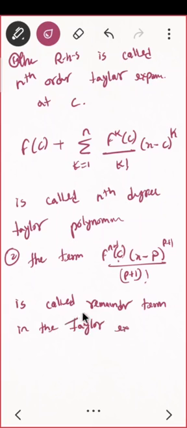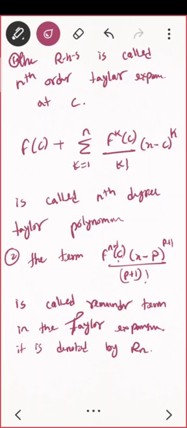I'm sorry, I should write T capital, Taylor expansion. And it is usually denoted by Rn. This form of remainder is known as Lagrange form, and it is the simplest.